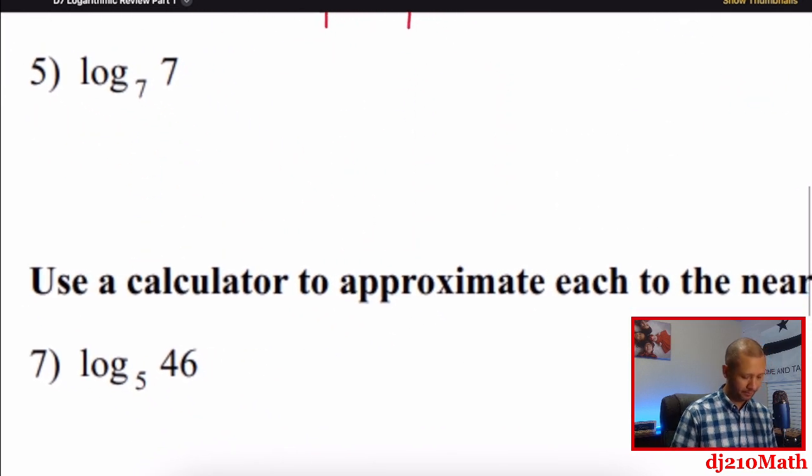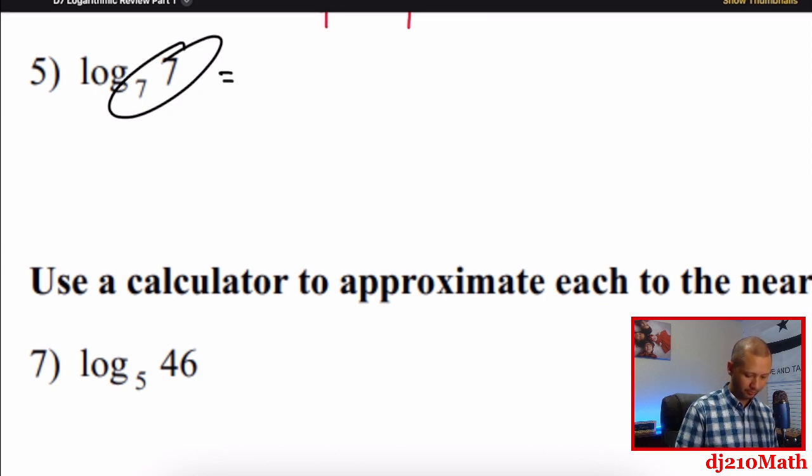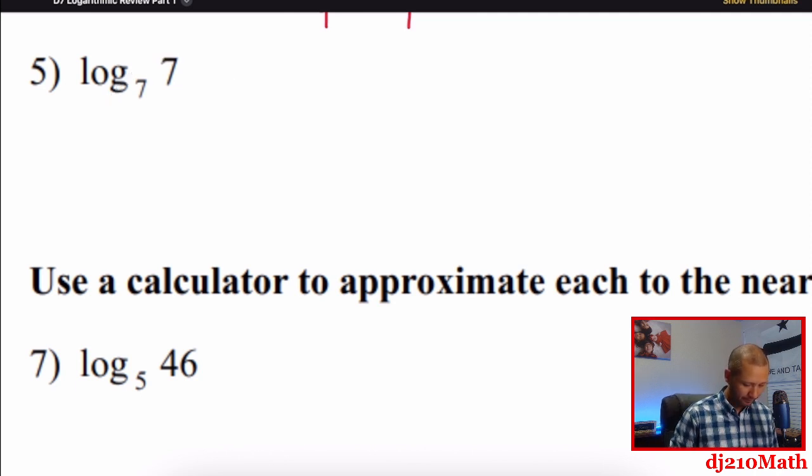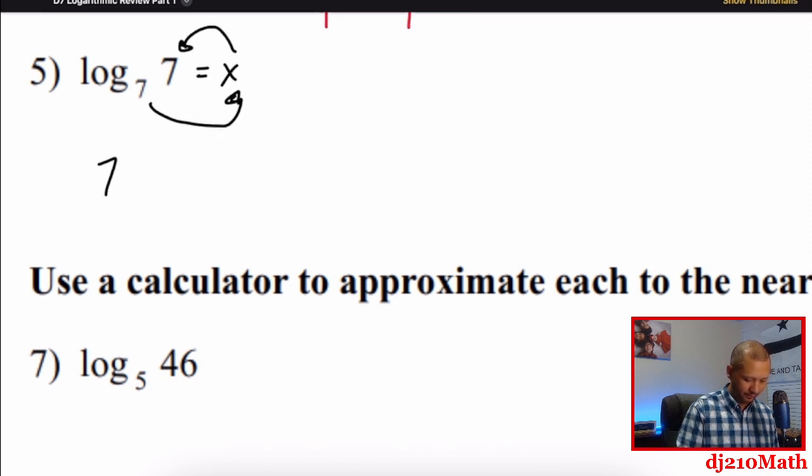Oh, it's a nice property. When the base and the argument match, it's 1. Let's say you don't remember that. Then 7 raised to what power is 7? The bases already match, so x is equal to 1.